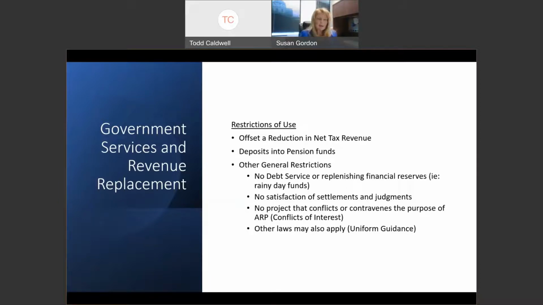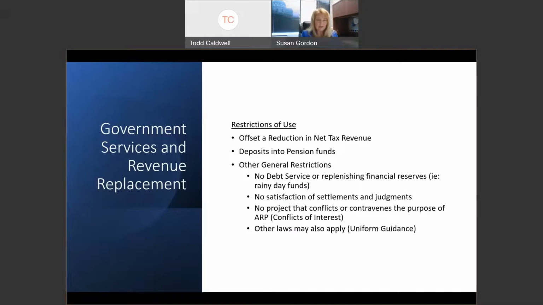Okay, now we talked about some restrictions on use. Even though these may be or are government services, they're not allowed to be paid for from the ARPA funds. And that would be an offset and a reduction in net tax revenue. It would be deposits into your pension funds or other general restrictions like you can't pay your debt, you can't transfer to debt service or replenish your financial reserves like your rainy day fund.